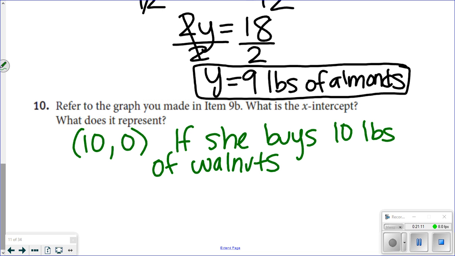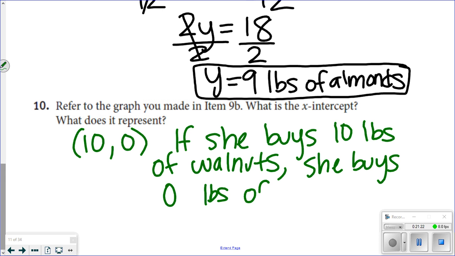She only has $30, so she spends all of her money. So that means she buys 0, that's what the 0 is for, pounds of almonds. She spent all of her money on walnuts.